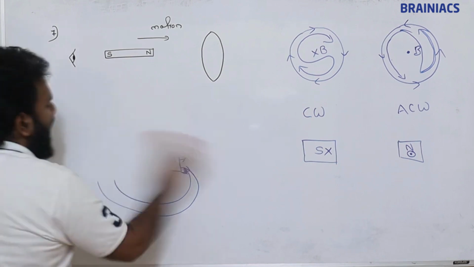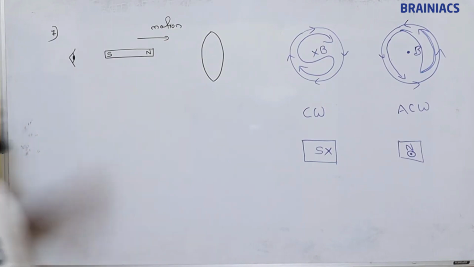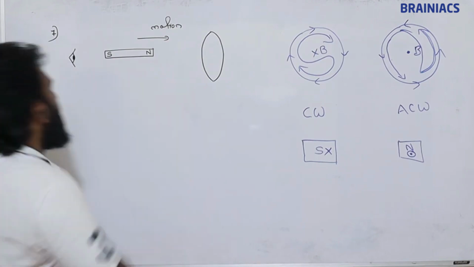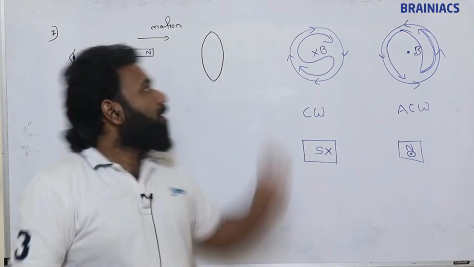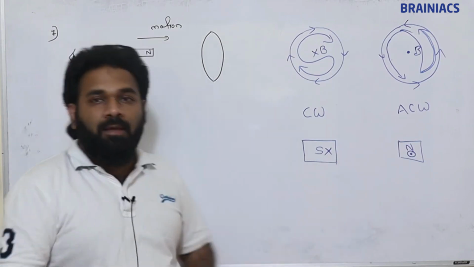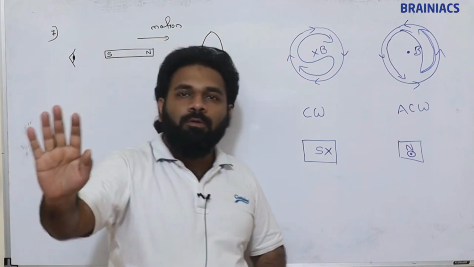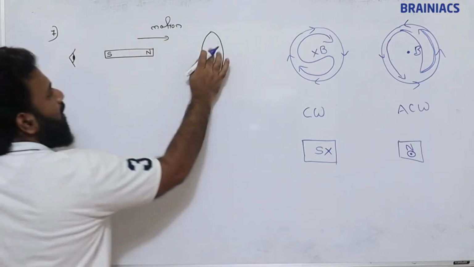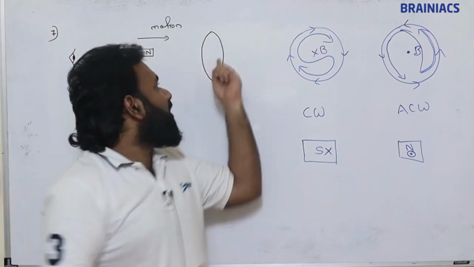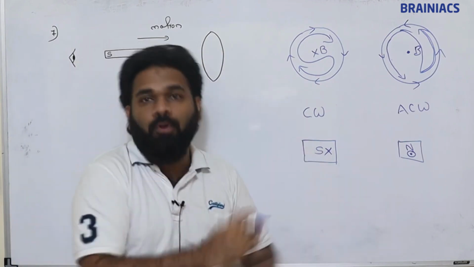Done? Okay, right. Now our phenomenon: north pole is coming. Now what will this coil be thinking? North pole should not come. If it makes north pole here, north pole will repel north pole.